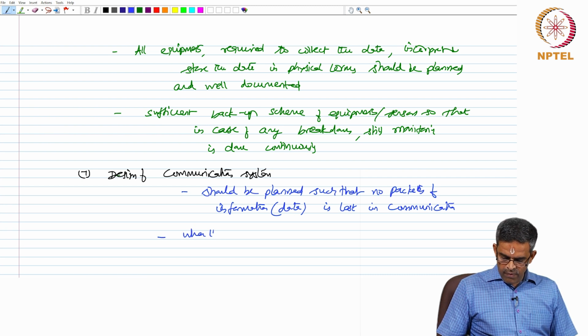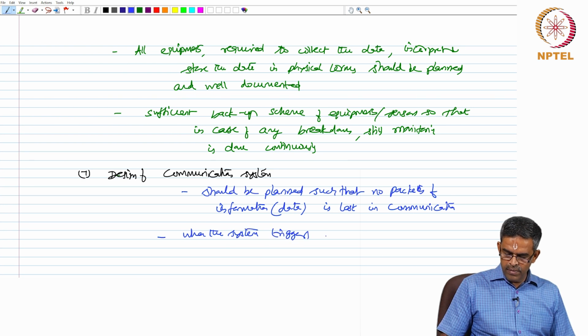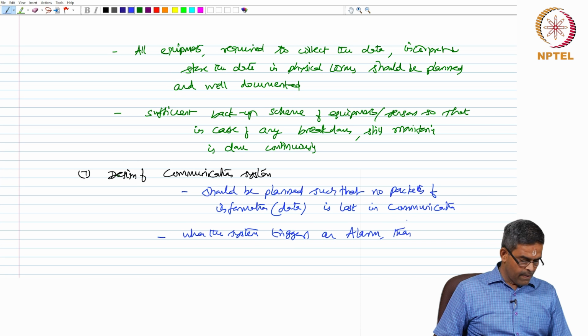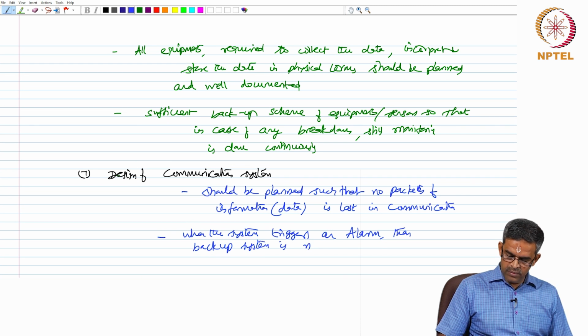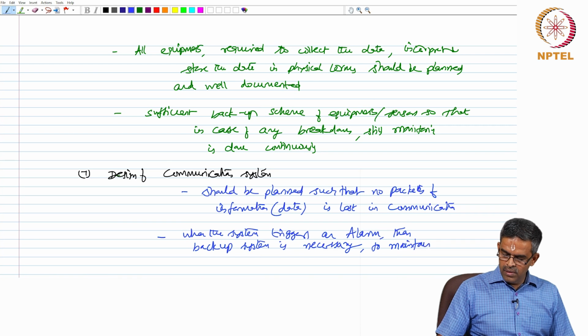Especially when the system triggers an alarm, then backup system is essentially necessary, to maintain the safety even when the system is collapsing.